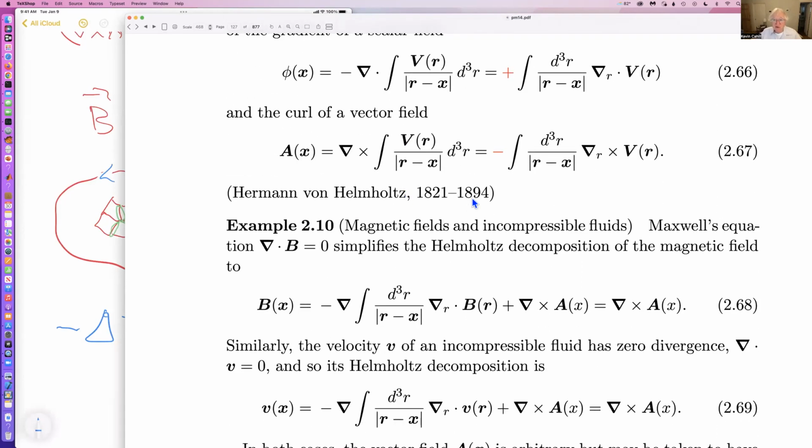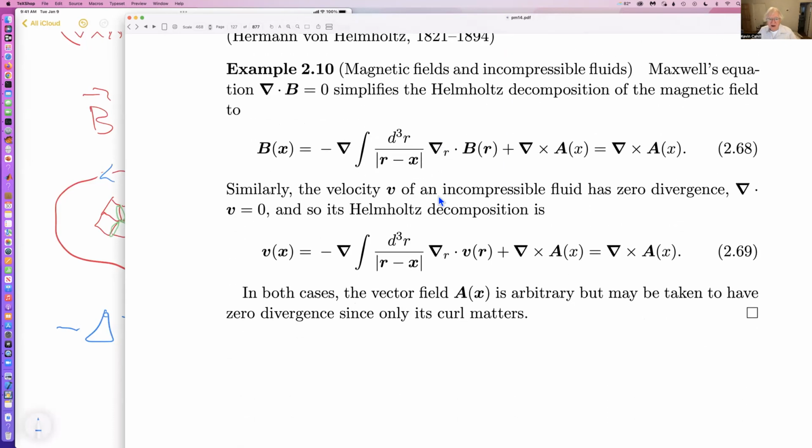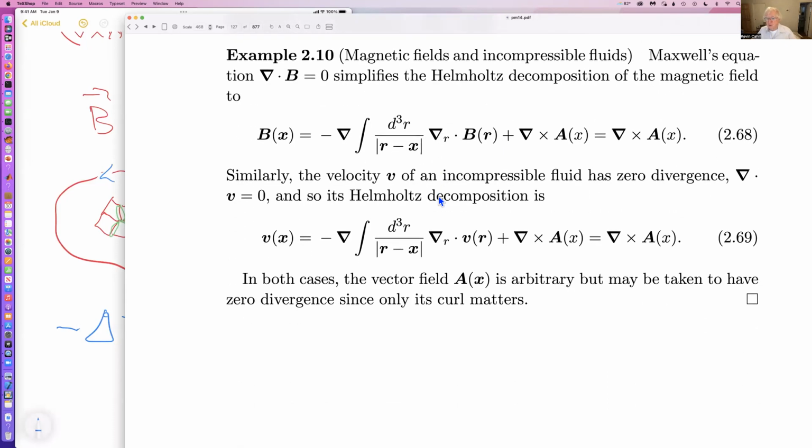Anyway, von Helmholtz was of course a major physicist in the 19th century. Well, we've got almost 10 minutes left, so I guess there's no need to hurry through the rest of this.